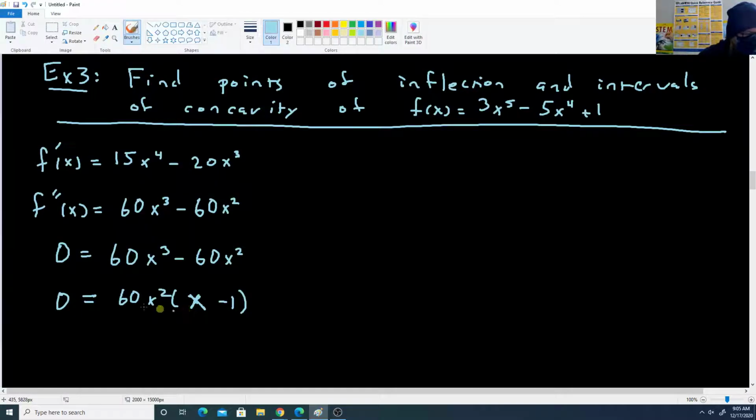So if we look at this function is 0, where if we put a 0 in for x here, so either x is 0, or if I put a 1 in for x here, 1 minus 1 makes that 0. 0 times anything else is 0. So these are my two points that make f double prime 0.